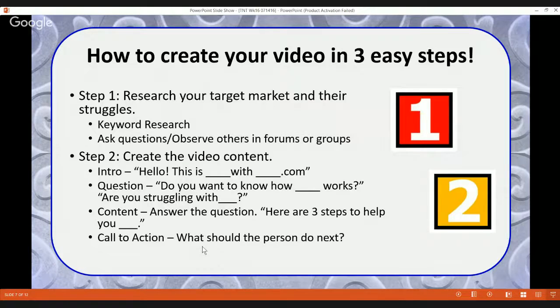Once you've done that, then you should do a call to action. You need to have a call to action in every single video. The person says, well, what should I do next? Now that I know this information, what do I need to do next? Well, if you're struggling with leads, and I just gave you 3 things to do in order to get leads, if you want more information, a good call to action would be: subscribe to my YouTube channel.